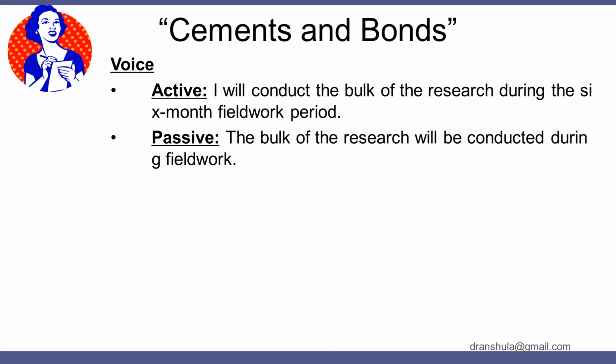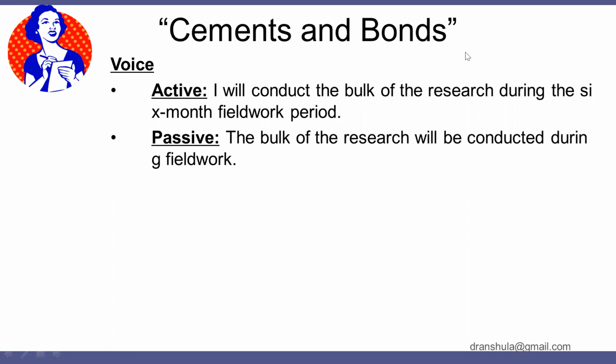There are two types of voice, active and passive. What is active? I will conduct the bulk of the research during the 6-month fieldwork period. Whereas passive is the bulk of the research will be conducted during fieldwork.